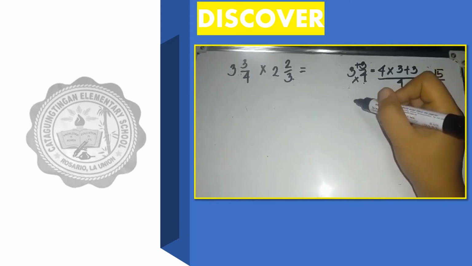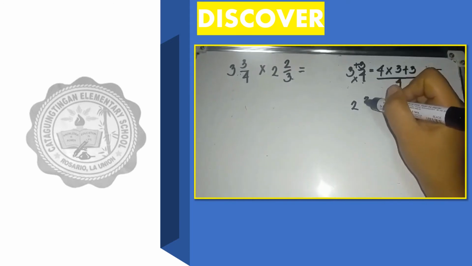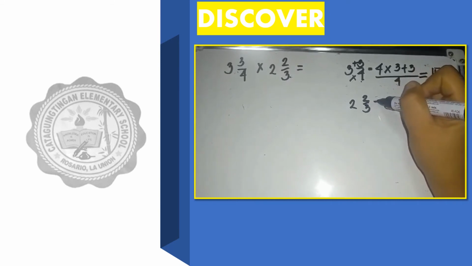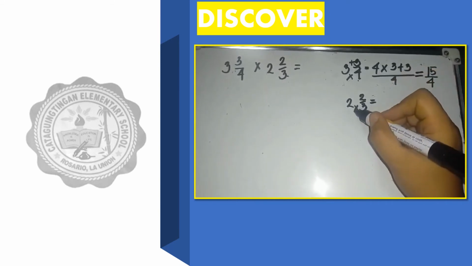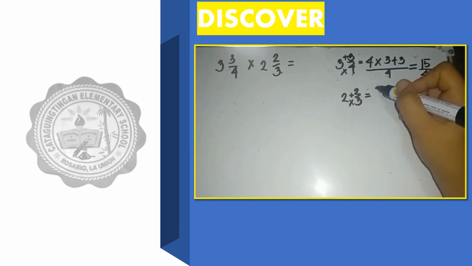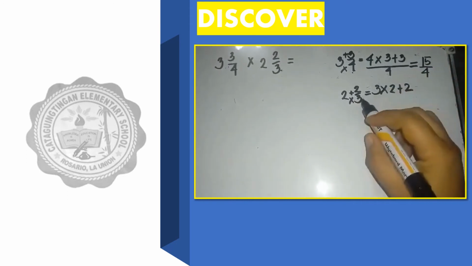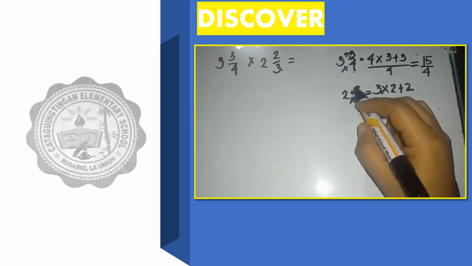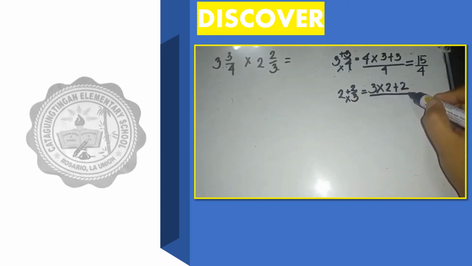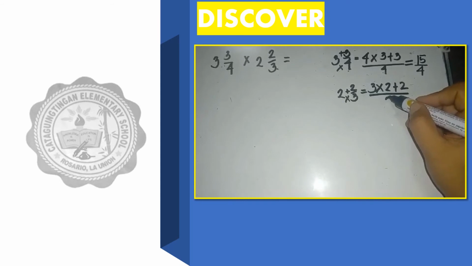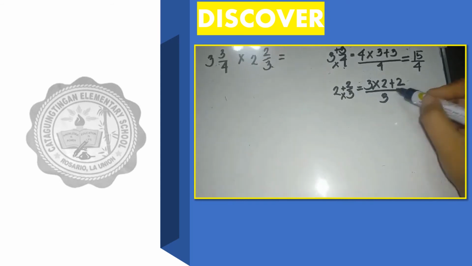Next is 2 and 2/3. Ganun po ulit. 3 times 2 plus 2. Then, let us copy the denominator, which is 3. Ito po yun.